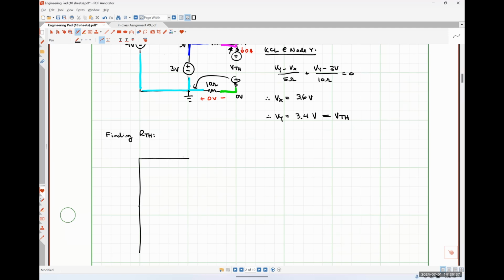Then we have our 9 ohm resistor here. Our 3-volt source is also turned off, so I'm replacing it with a short circuit.